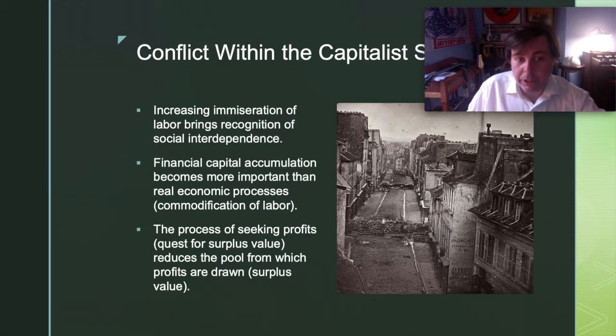Financial capital accumulation becomes more important than real economic processes. So, commodification of labor. Of course, the point of an economy, as illustrated most clearly by Adam Smith, is to raise real standard of living, real quality of life. Marx makes the argument that what capitalism does is turn this idea around and instead make the economy about accumulating nominal resources, a la the mercantilists, where we started this course.